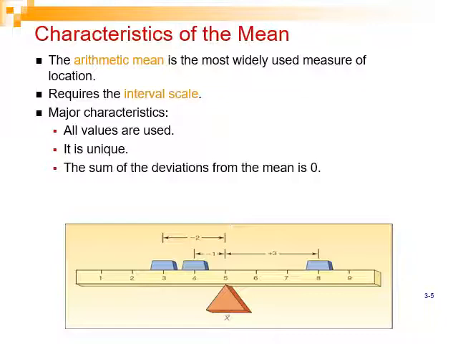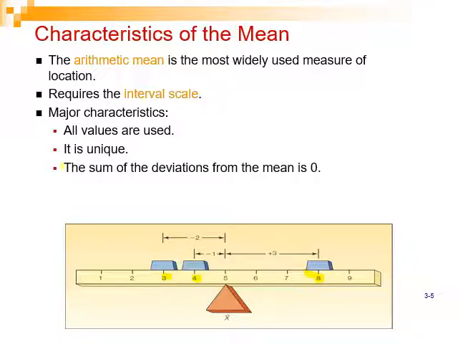This means, in this chart, if we have 3 values, 3, 4, and 8, and we want to know the mean for these 3 values, the mean will be the sum of the 3 points, 3 plus 4 plus 8, over the number of the points, which is 3.